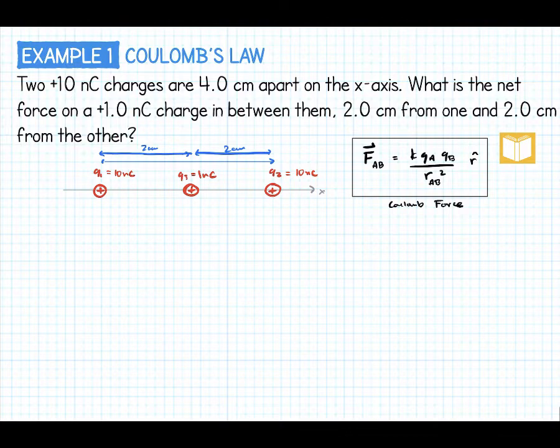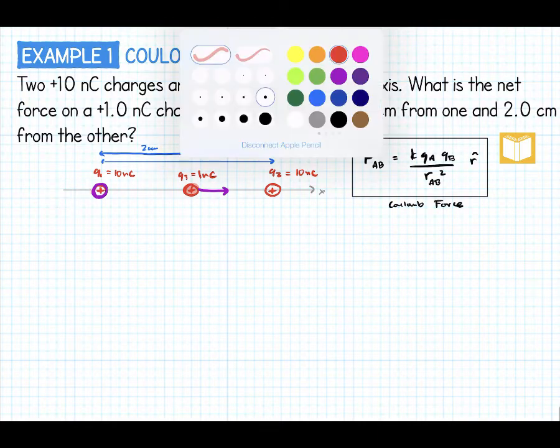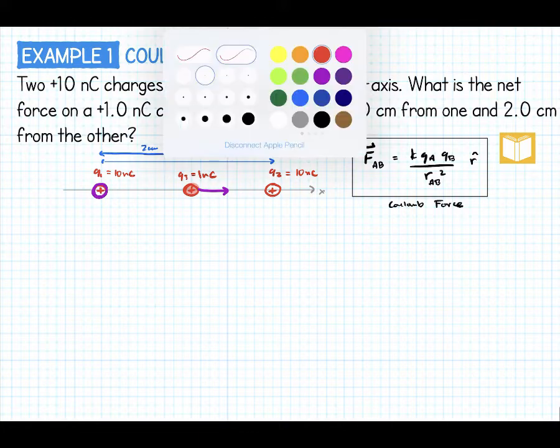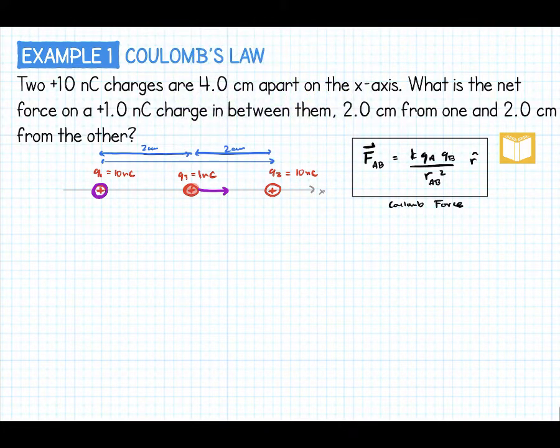Remember, these things are repelling. So let's start with Q1, right? Q1 is going to have a force, because remember, we only care about this guy right here, right? So we only care about the forces on this charge. Obviously, this charge also has a force on this charge that goes that way, but that doesn't really matter. So for our purposes, we want to deal with the force of 1 on 3.